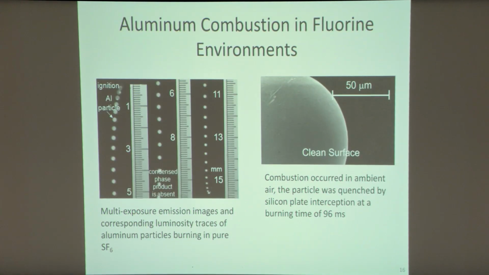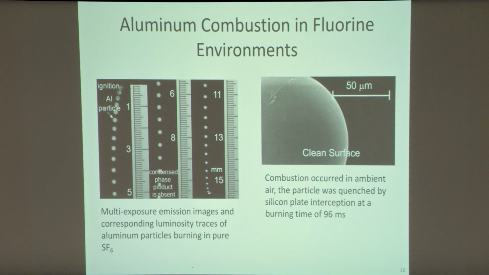Now, what happens if I burn the aluminum in different types of oxidizers? Okay, this is an example of, suppose it was to react in a mixture that had fluorine. Fluorine is isoelectronic with hydroxyl radicals. So fluorine is very reactive, like the hydroxyl radical is with the aluminum.